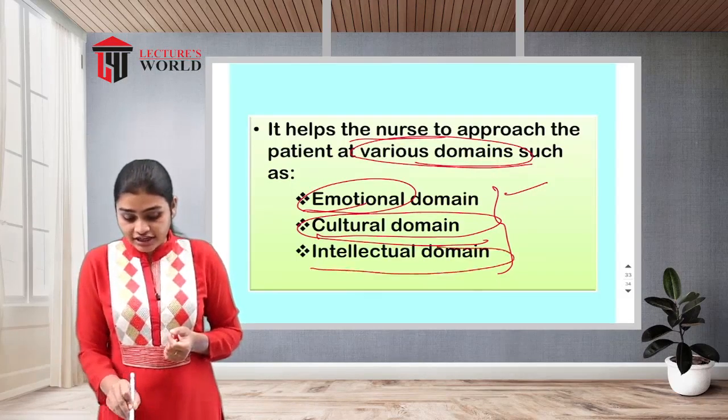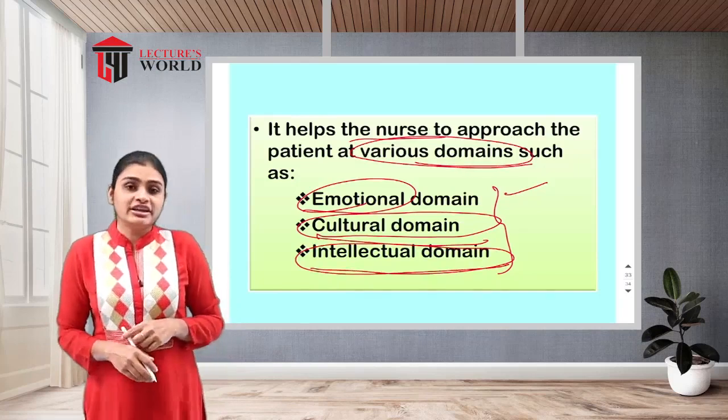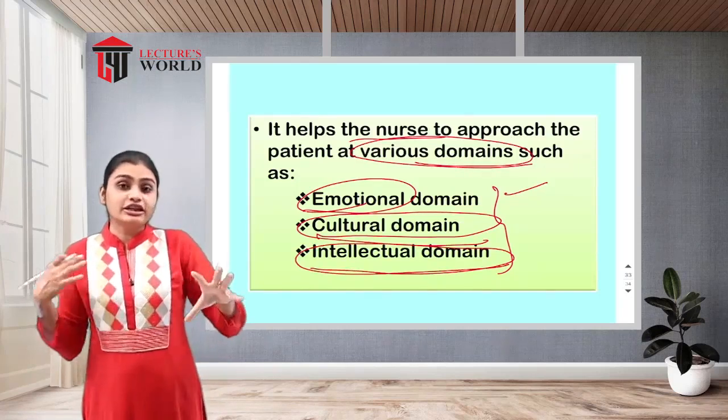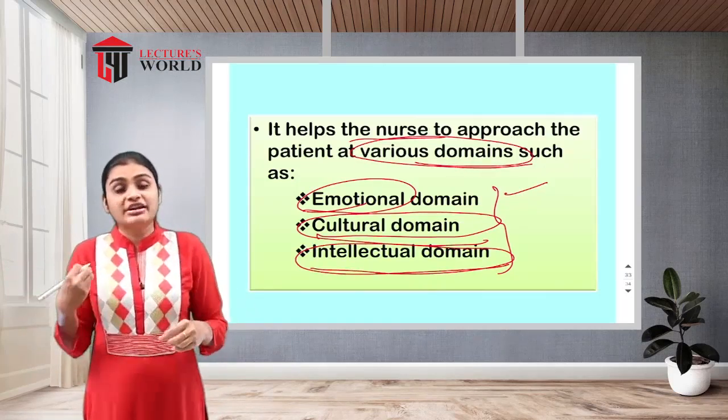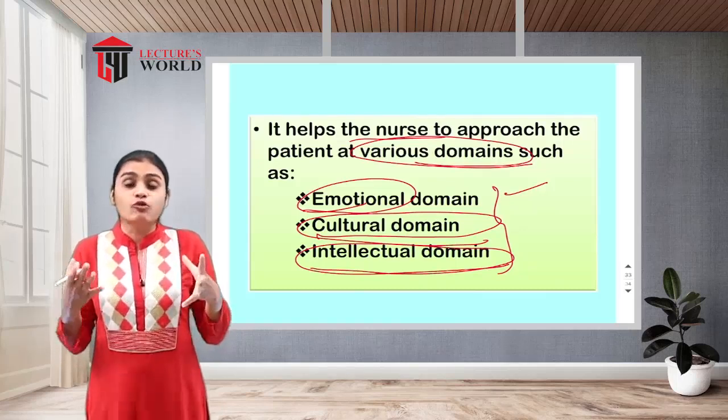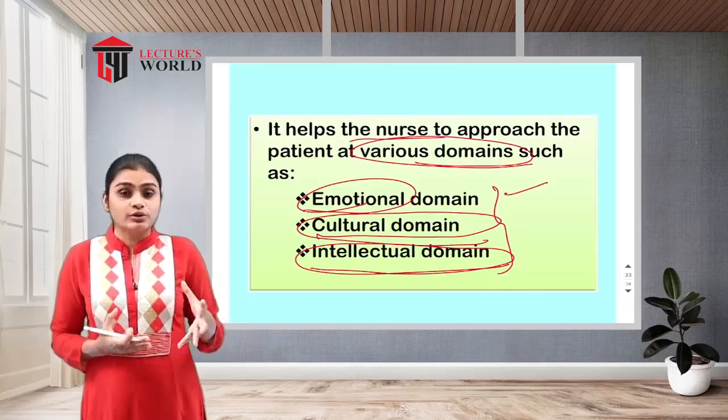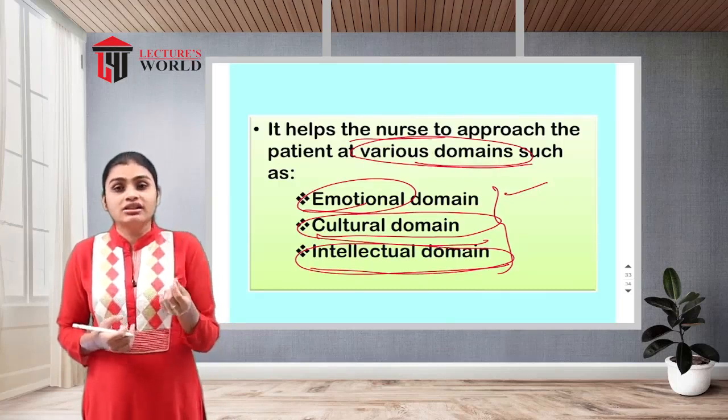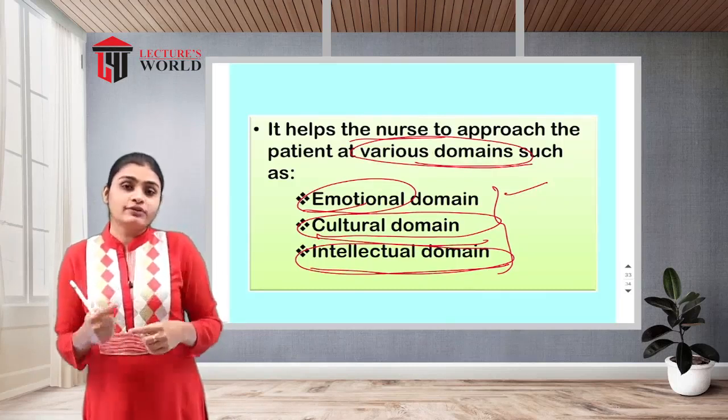The next is your intellectual domain. In the intellectual domain, for our patients we need to organize some rehabilitative things, some vocational things also, some occupational activities we have to plan for our patients.